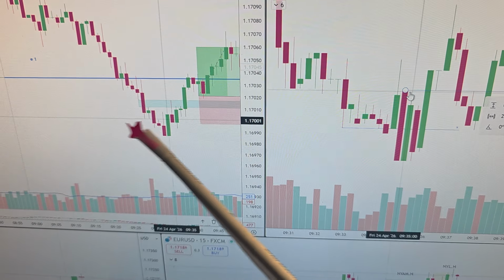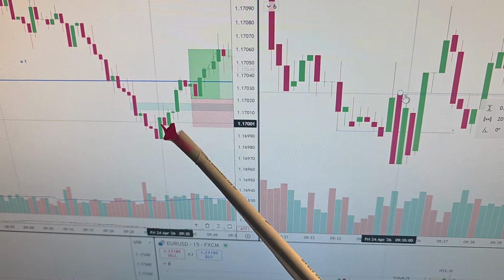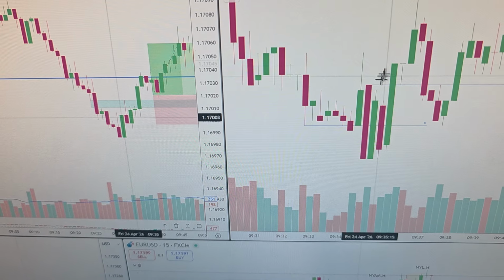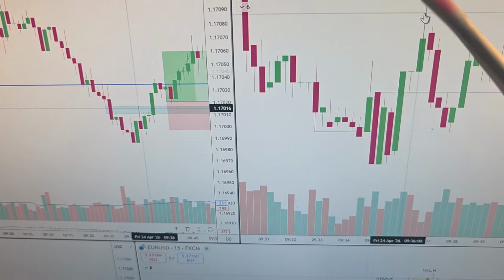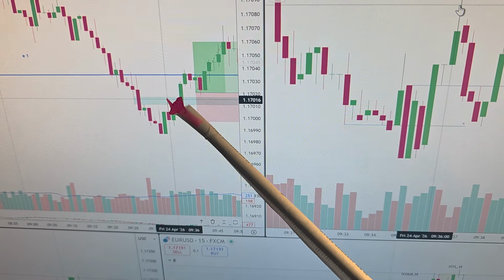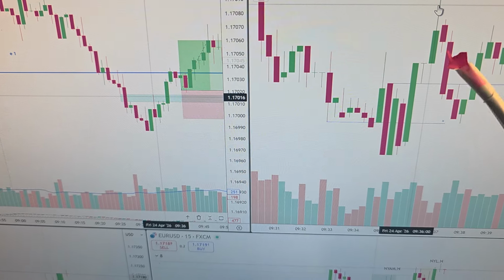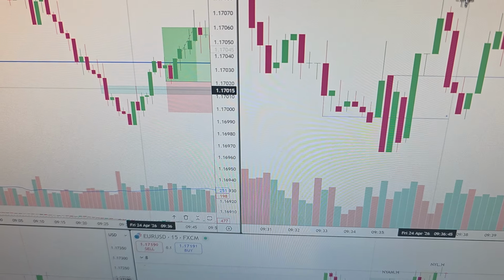Here and here. So we're down here. And then we go up, and that's this wick right there. We're starting to go into the FVG. We've not inversed it.